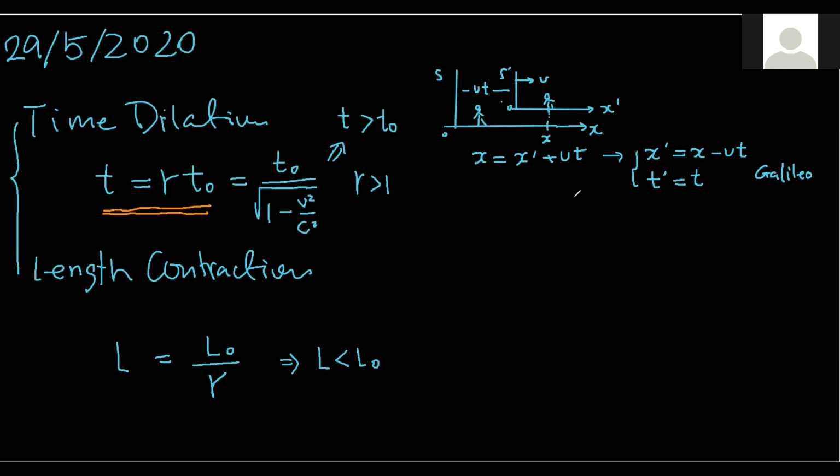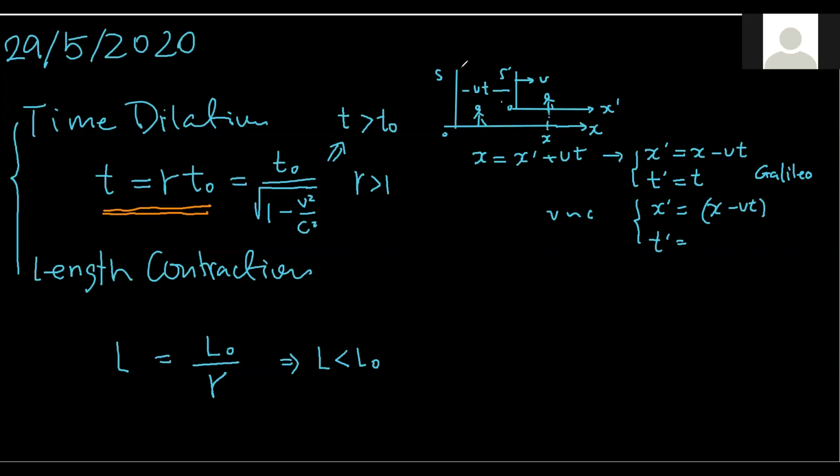That is true at lower speed. When the speed is very close to c, we have the Lorentz transformation. Do you remember the Lorentz transformation? I just write down everything. At lower speed, it would be the same as Galileo.